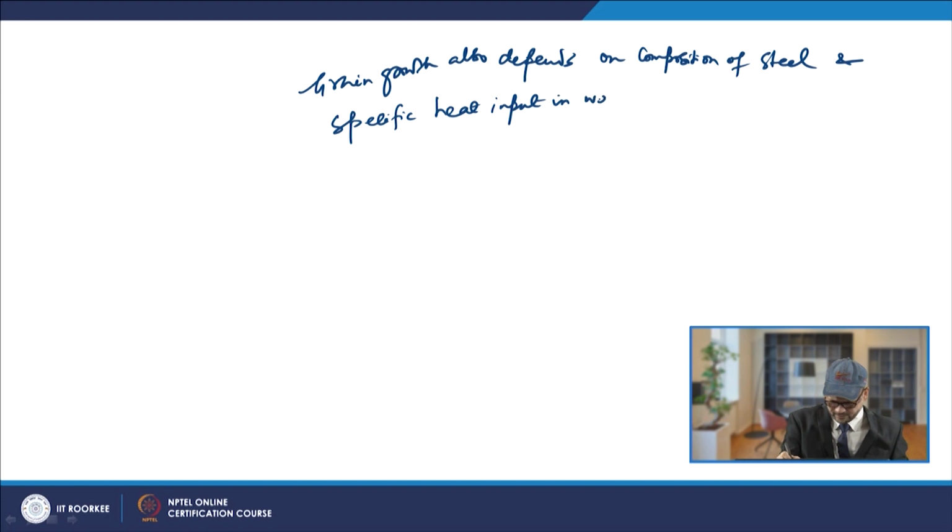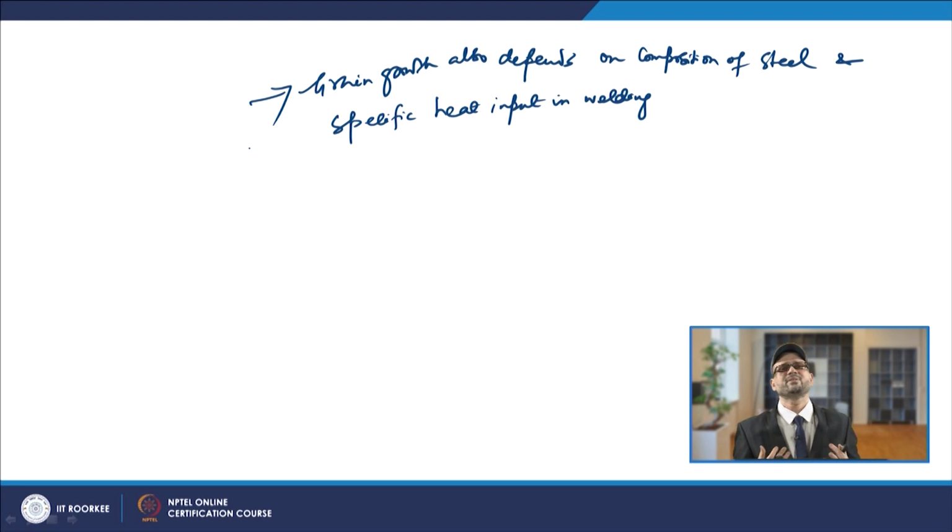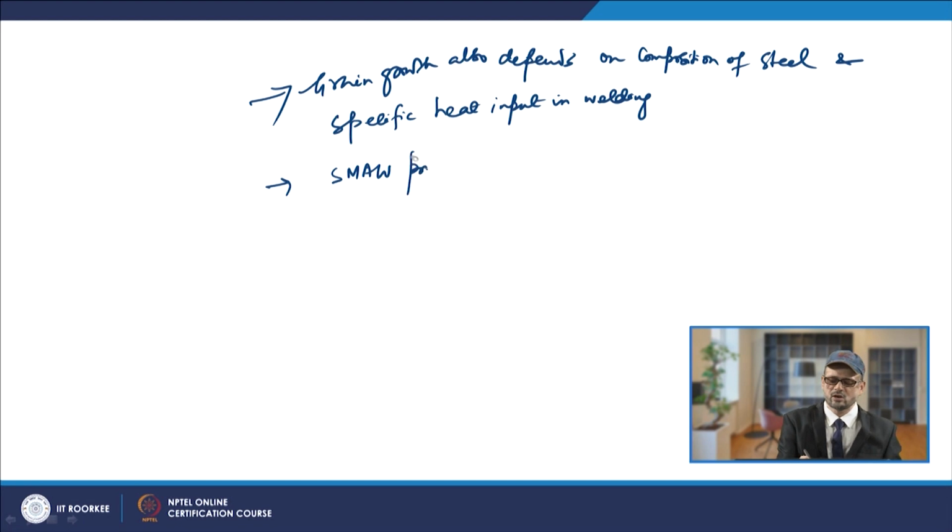In different welding processes we provide different specific heat input. If you talk about the SMAW process, shielded metal arc welding, in these cases the growth expected is small, so you get small grain growth.